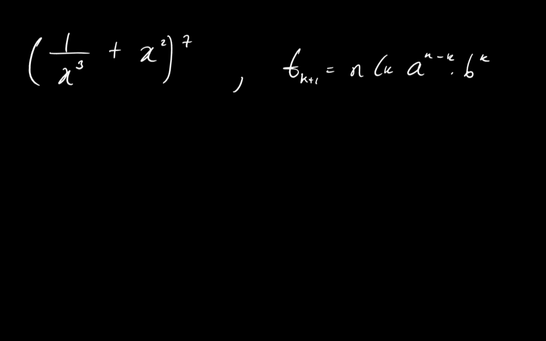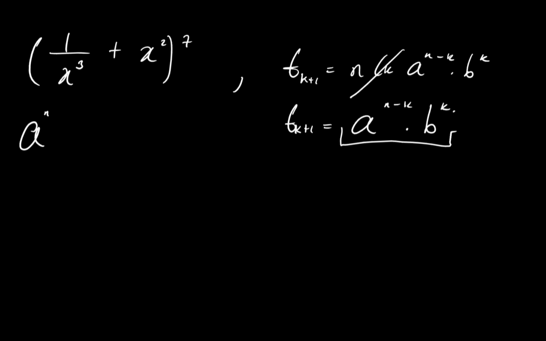Since we're forgetting about the coefficients, we can ignore n choose k and say the term equation, t sub k plus 1, is equal to a to the n minus k times b to the k. So using this, let us solve for k.